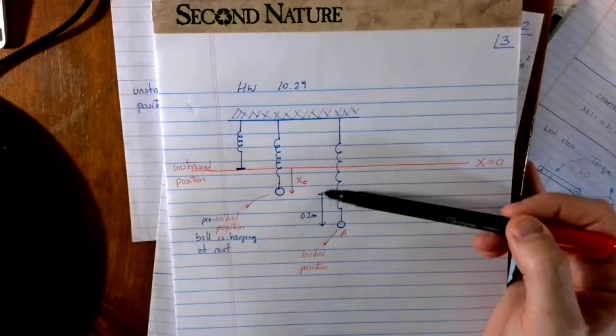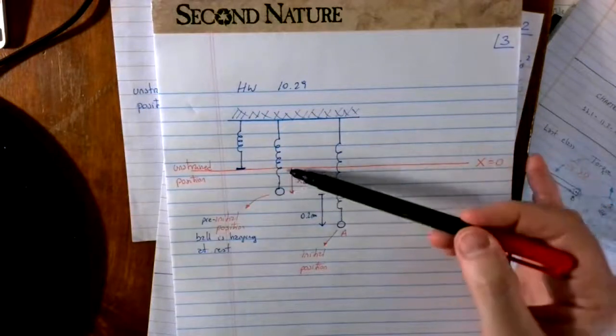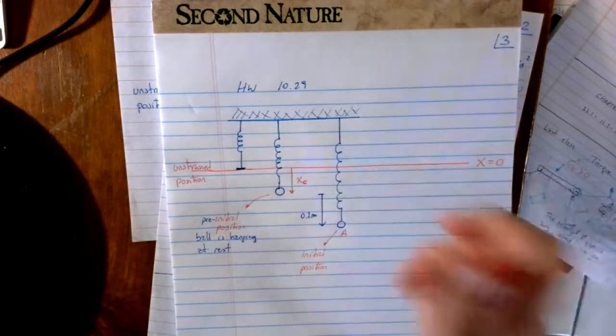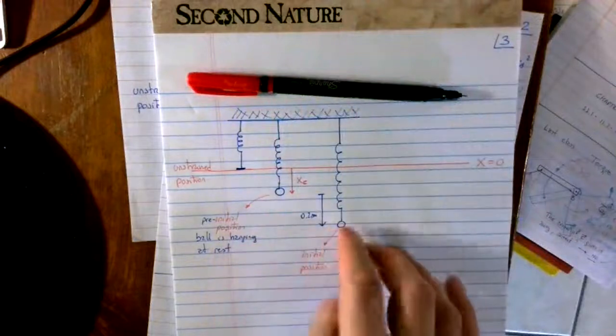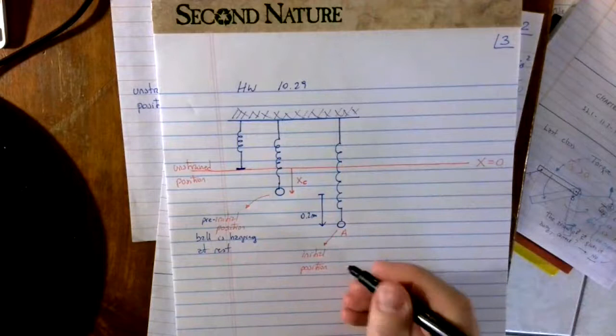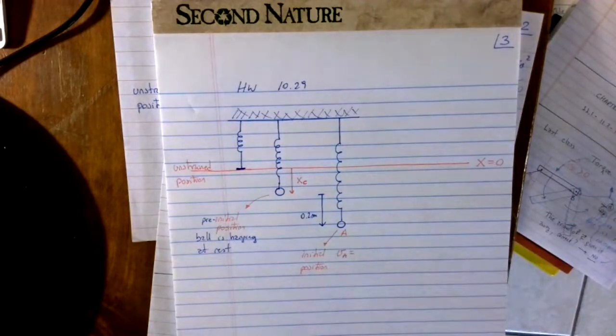First we measure everything from x equals 0 to the pre-initial position where the ball is at rest. Then you take this ball and move it down up to this position, and that's the point A. This is the real initial position. So what is the velocity at this point? Yeah, the velocity is 0.